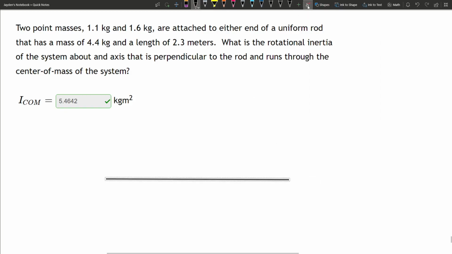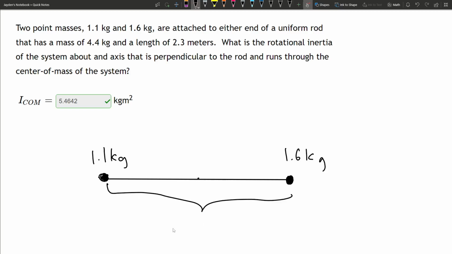Looks like this. Just imagine that these are point masses, even though I'm drawing them quite big. This is 1.1 kilograms, 1.26 kilograms, and this right here is a rod, length L and mass M, which we can also replace with M1 and M2.